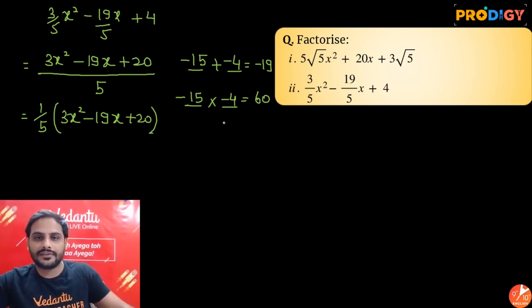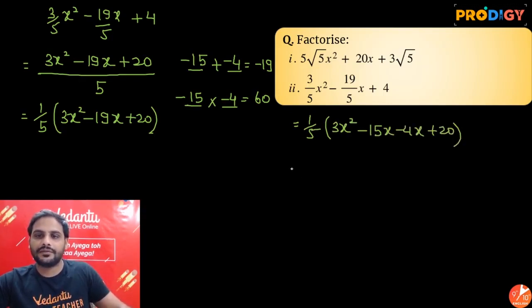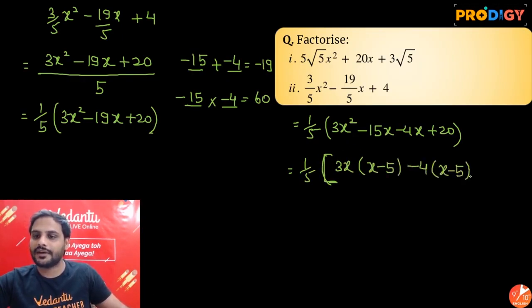Now I will write this as 1 by 5 times of 3x square minus 15x minus 4x plus 20. From the first two terms, I can take 3x common. I am left with x minus 5. Here I can take minus 4 common. I am left with x minus 5.